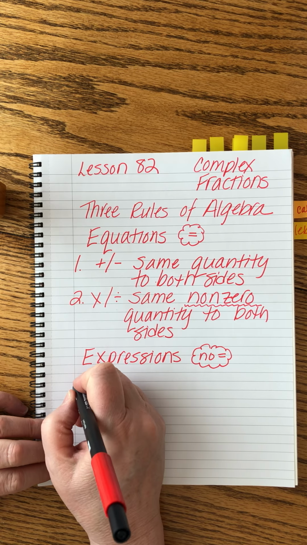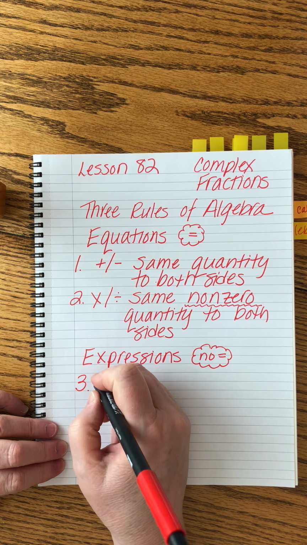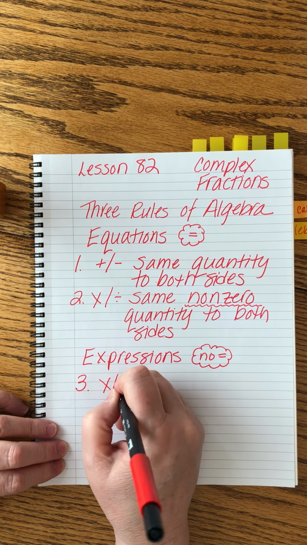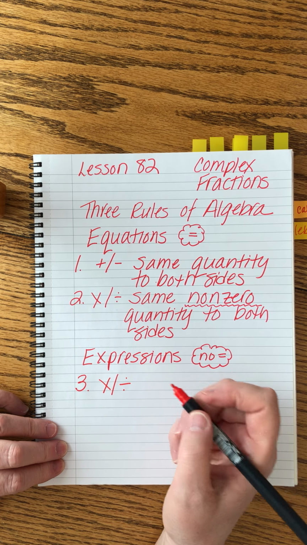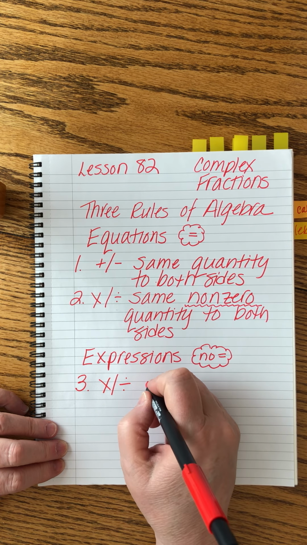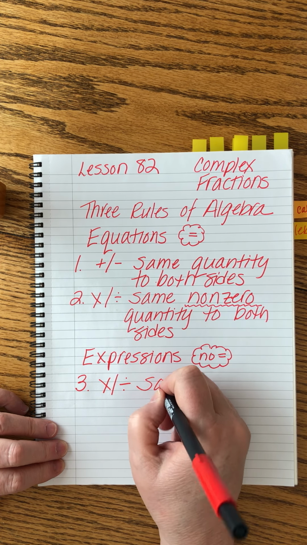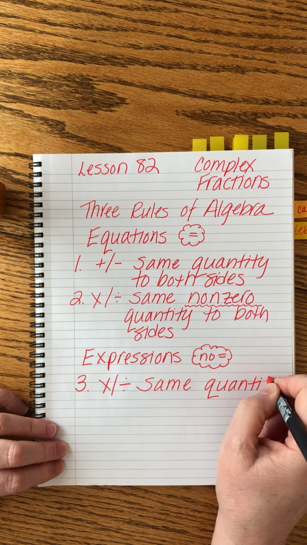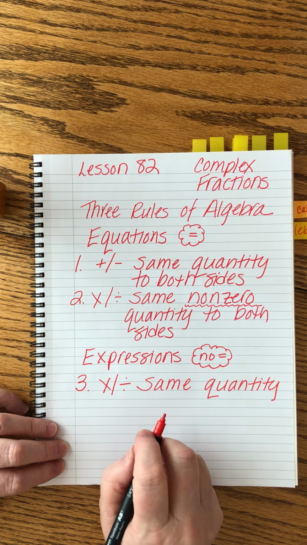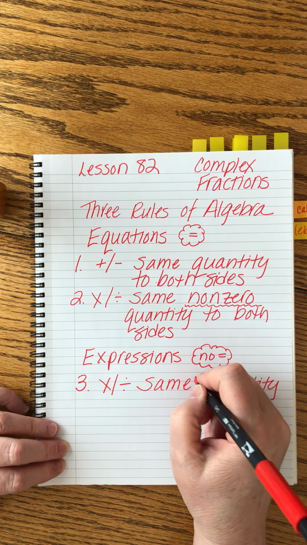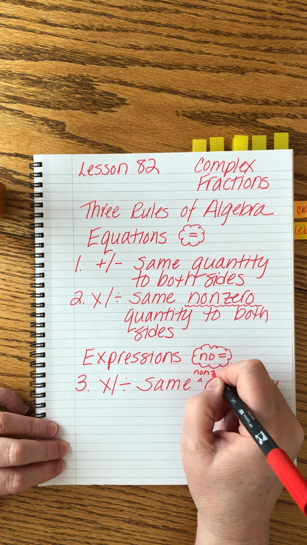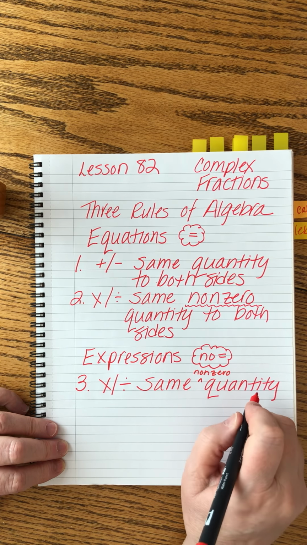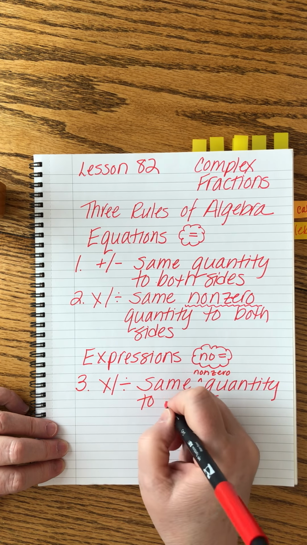And this rule, this is the third rule of algebra, is that you can multiply or divide the same quantity, and I guess we should say non-zero again too, to the top and the bottom.